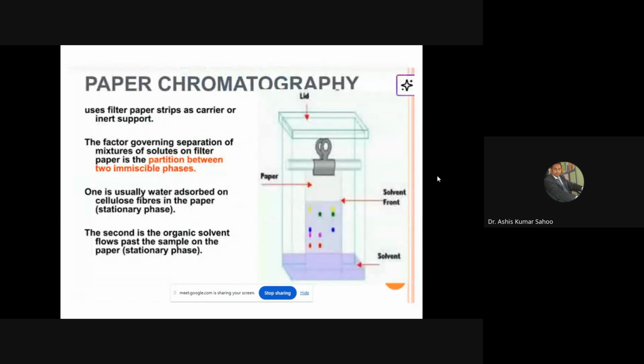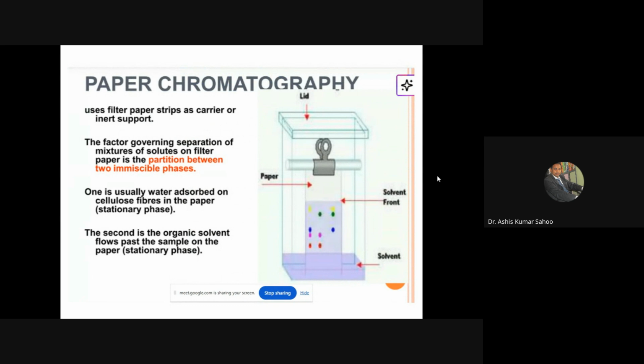Now we'll see the most popular, paper chromatography. In paper chromatography, one jar is taken. In the jar, the paper has different spots given, and the solvent mixture is applied. Due to the flow of solvent, the mixture separates into different colors. It uses filter paper strips as a carrier or inert support.